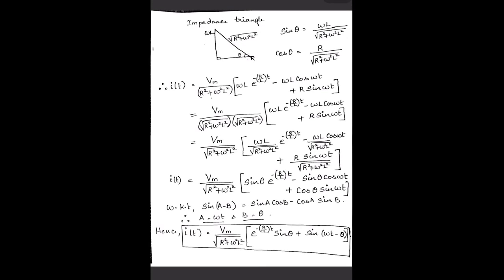Now, since the inductive reactance and resistance are in a phase relationship of 90 degrees lagging, you can draw the triangle with base as resistance and 90 degrees phase angle difference to be the inductive reactance. XL can be written as omega L. So therefore R, XL, and this is nothing but impedance.